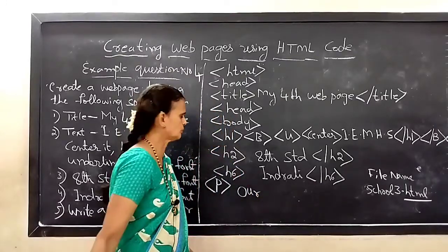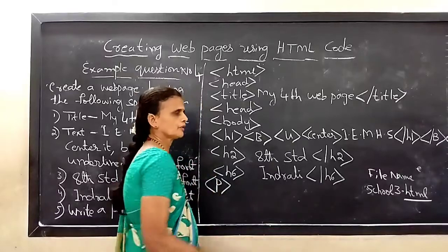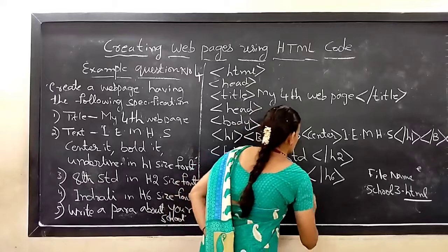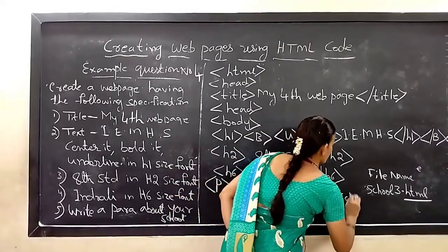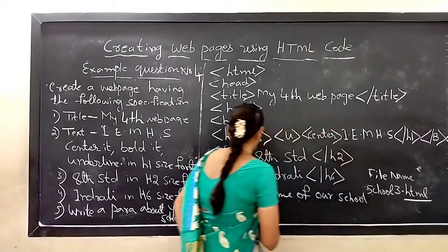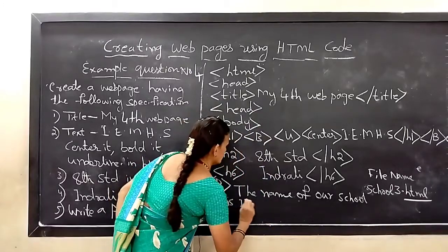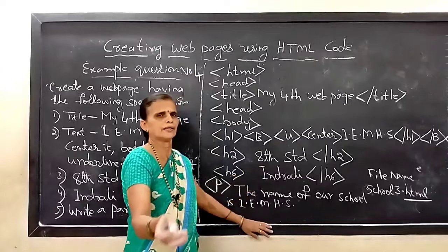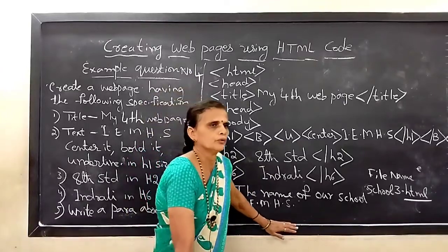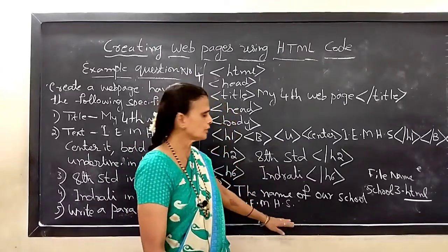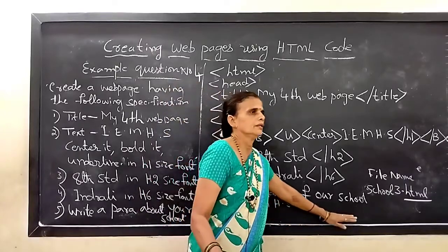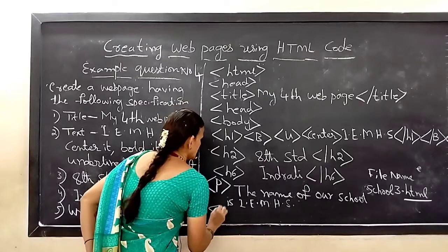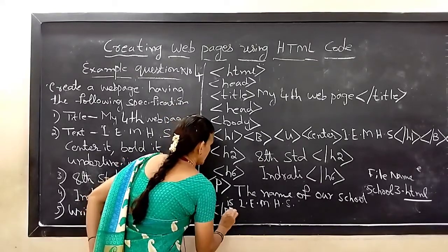The name of our school is whatever you want to write, and it is a very good school, like that. Whatever knowledge you have about your school, you can write in a paragraph, and after finishing writing you have to close it with /P. Paragraph closed.